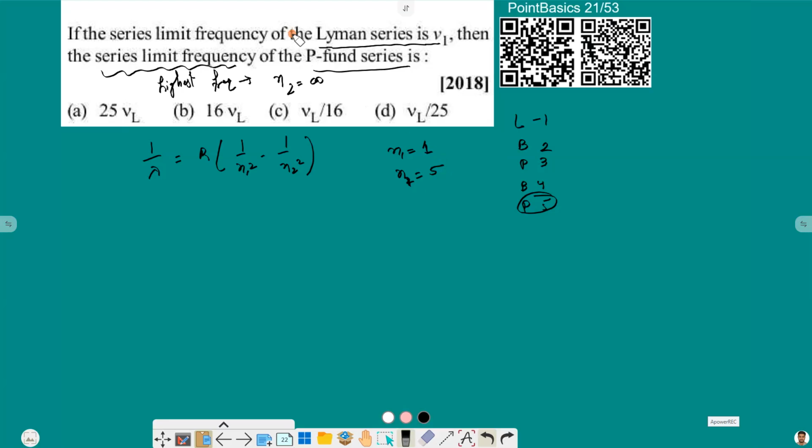So let's calculate for the Lyman series. For the Lyman series, the series limit wavelength will be 1 by lambda L is equal to R into 1 by 1 minus 1 by infinity.